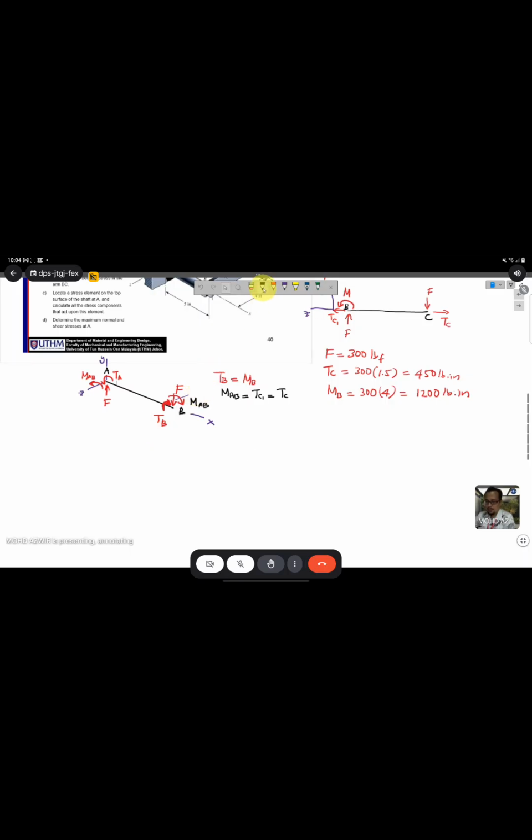Okay, so let's check by using the plane. We look at the y-x axis because the rod is on the x-axis, and most of the load will be on the y-axis. Y is at the top, x is at your right.